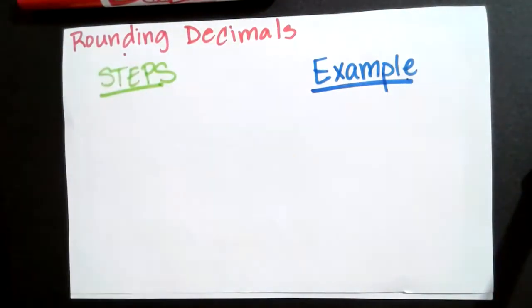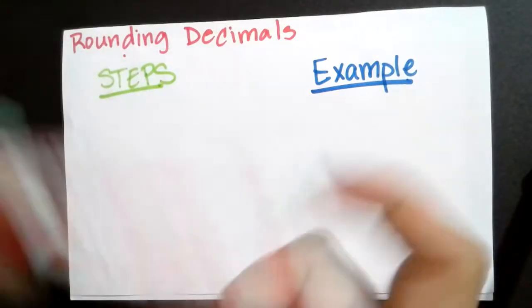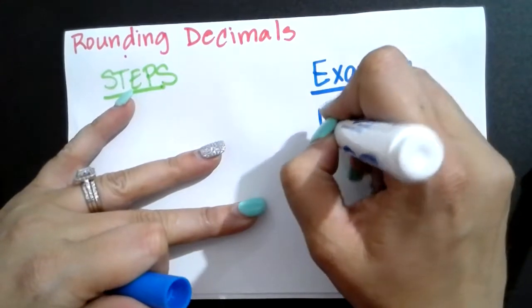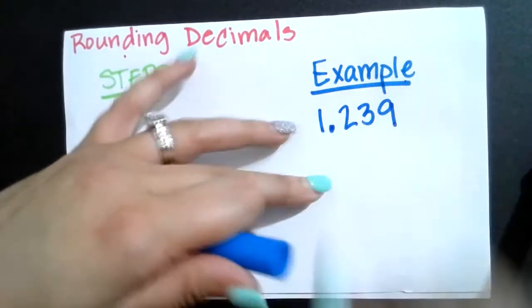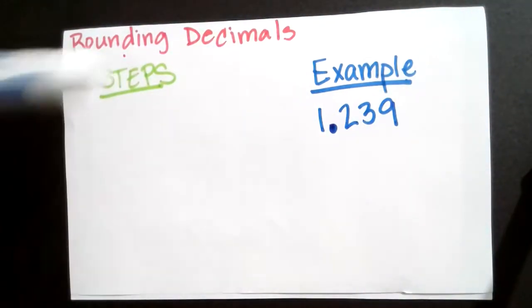All right, so let's take the number 1 and 239 thousandths. This is a decimal, okay?